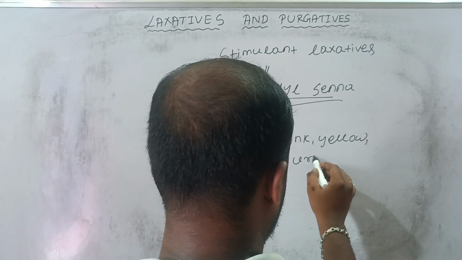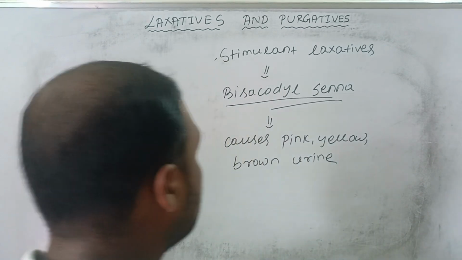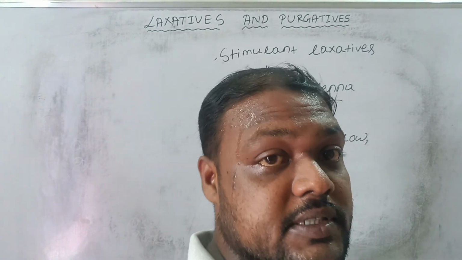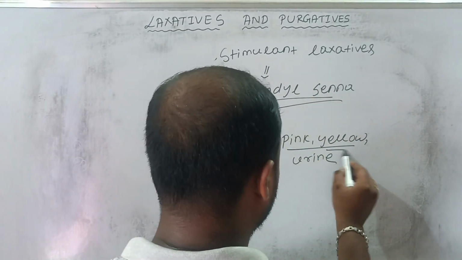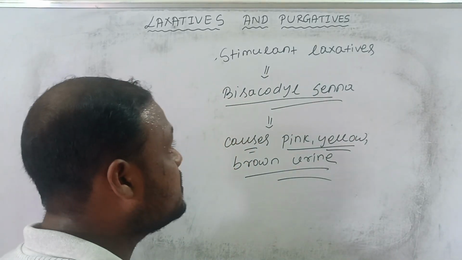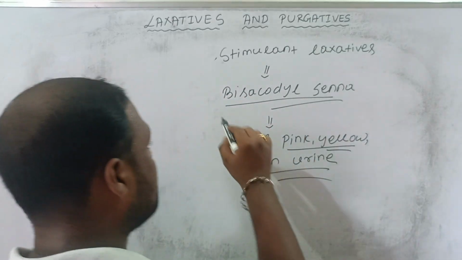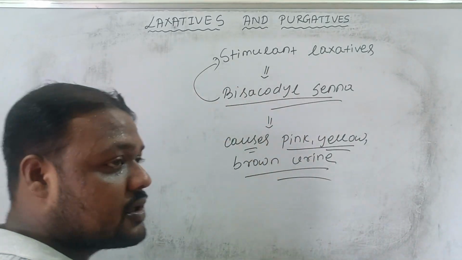The side effect of bisacodyl and senna is that they cause pink, yellow, or brown urine. That is a stimulant laxative.